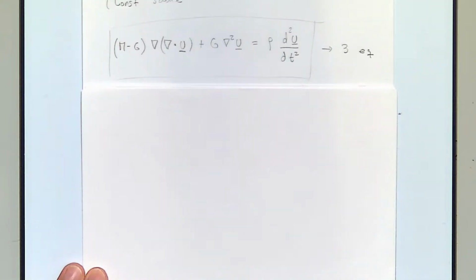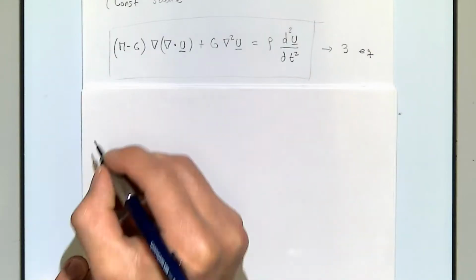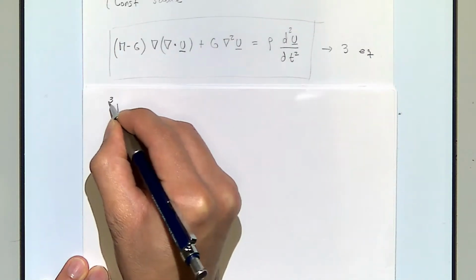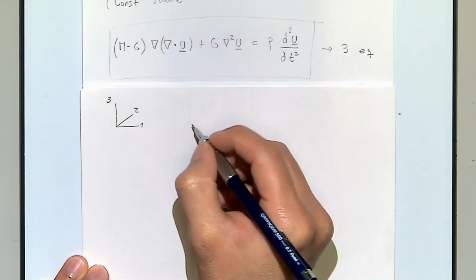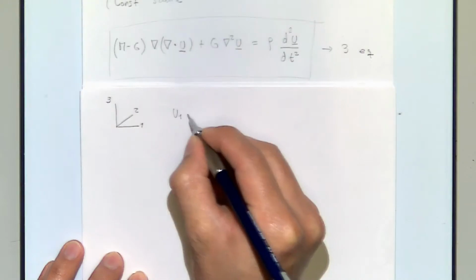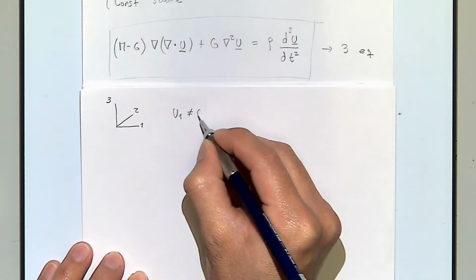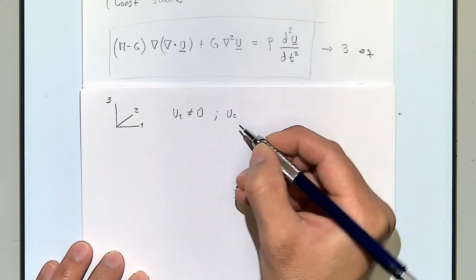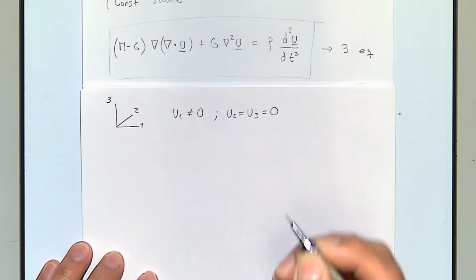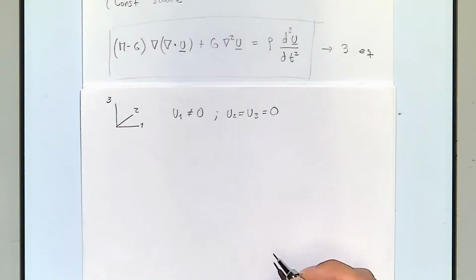The first assumption I'm going to do is considering a space 1, 2, 3. I'm going to say that we're going to solve this equation only for displacement in direction 1, which are not 0, and all the other displacements are equal to 0.